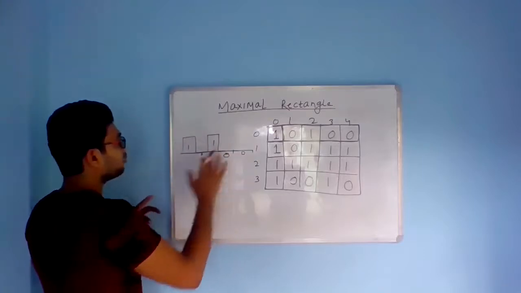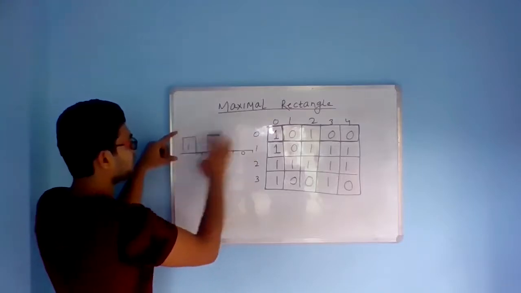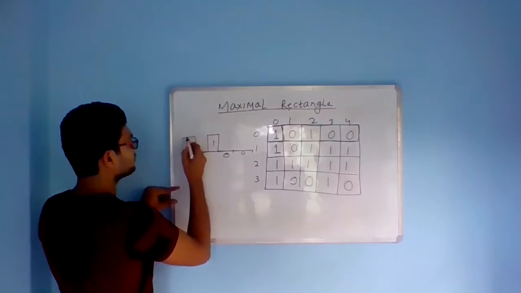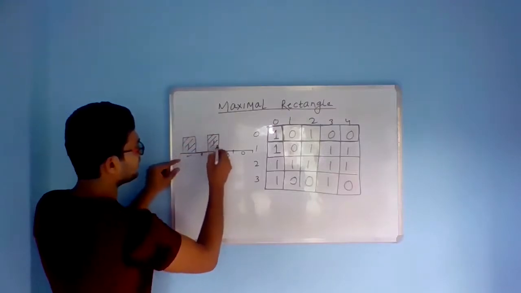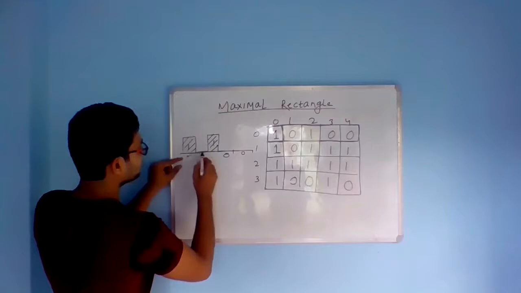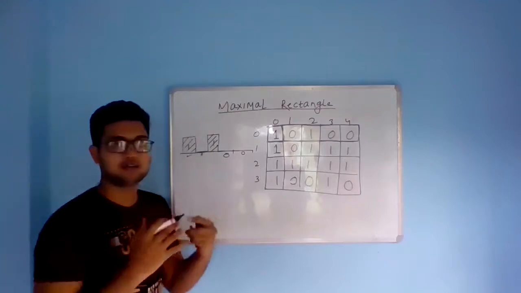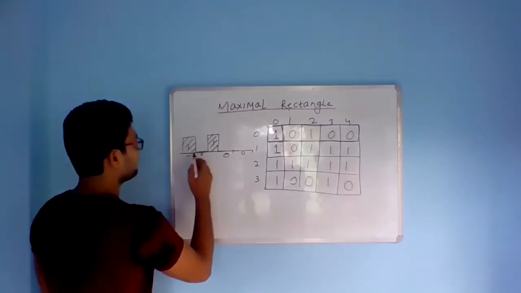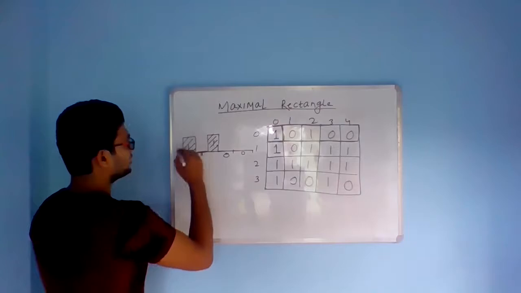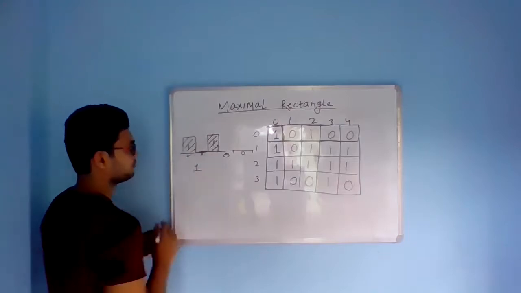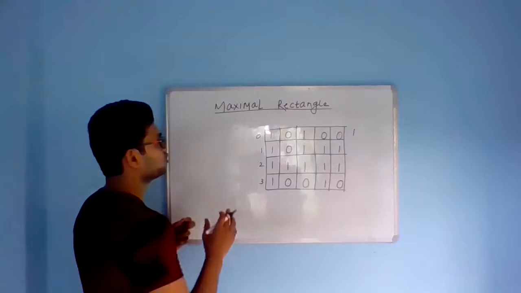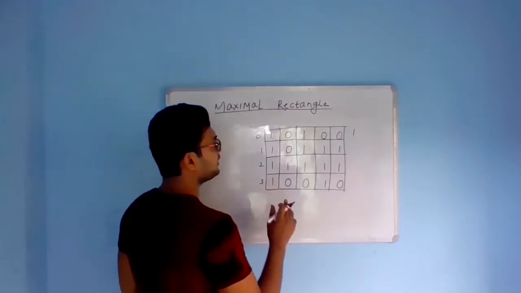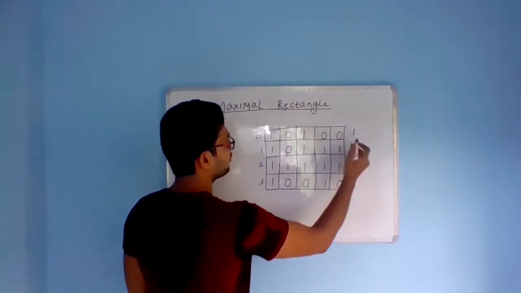If I find the largest area out of this histogram, obviously the largest area will be 1, either for this or this, right? Because this is 0, it will not contribute in finding the largest area, its area will be 0. So the largest area that I can find is 1 for this histogram. Till this point, the maximum area that I have found so far is 1.